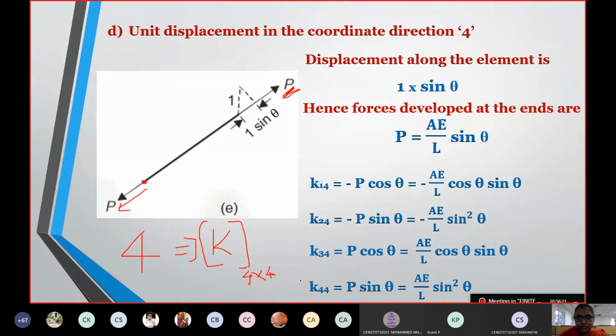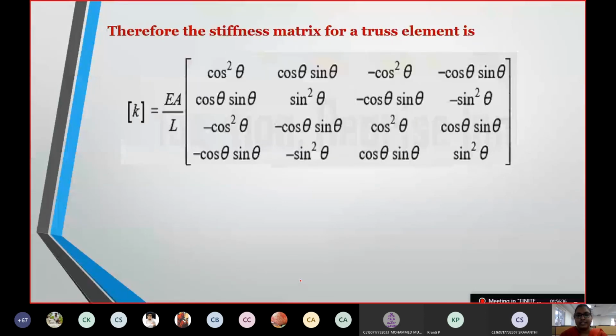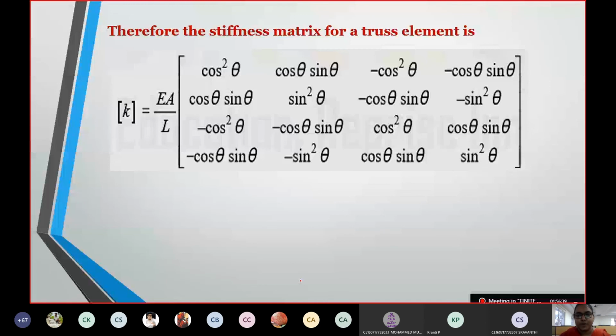Did you note down the unit displacement in the coordinate direction 4? Yes, ma'am. All right. Now see, therefore we'll combine the whole elements that we got, and this is the stiffness matrix for a truss element. 4 by 4 matrix, we get AE by L taken common, and the order is 4 by 4.